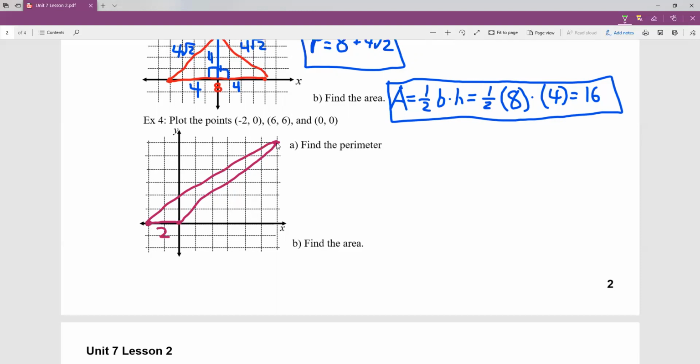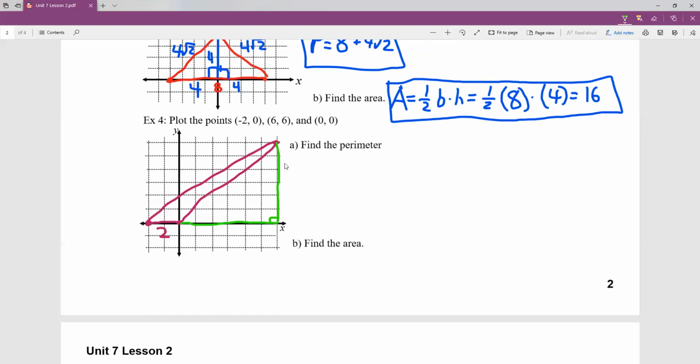So I'm going to draw a height here that's going to be perpendicular to the horizontal line that this 2 is on. So if I were to extend this line out here, the height I drew is going to be perpendicular to this base. So we can just count this out because it's on those nice lines.